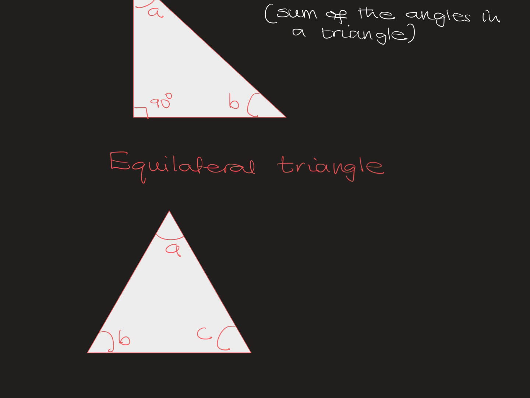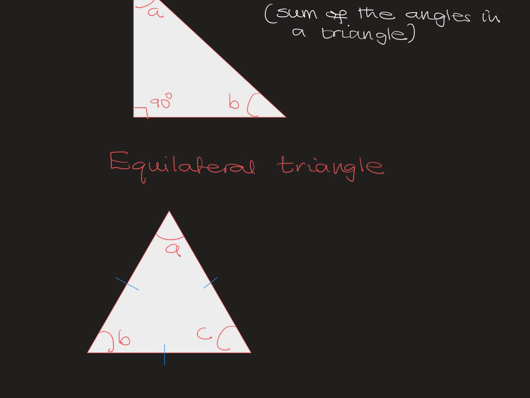Okay? All the sides are equal and all the angles are also equal. That is the property of an equilateral triangle. So, how do we indicate that all the sides are equal? We're going to have lines that are indicated as shown in the diagram.